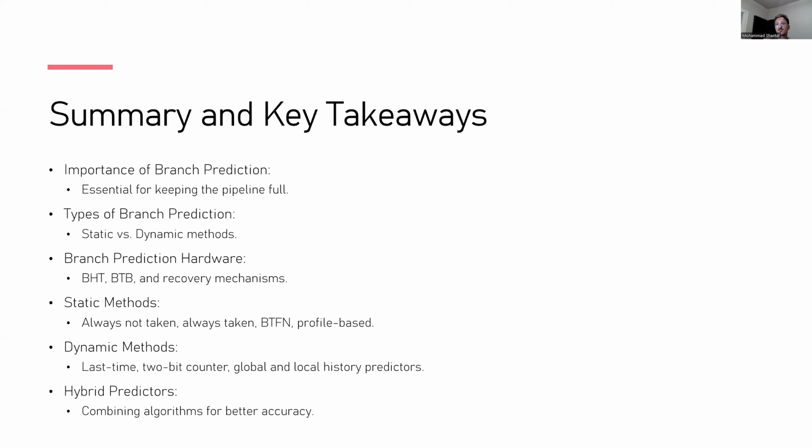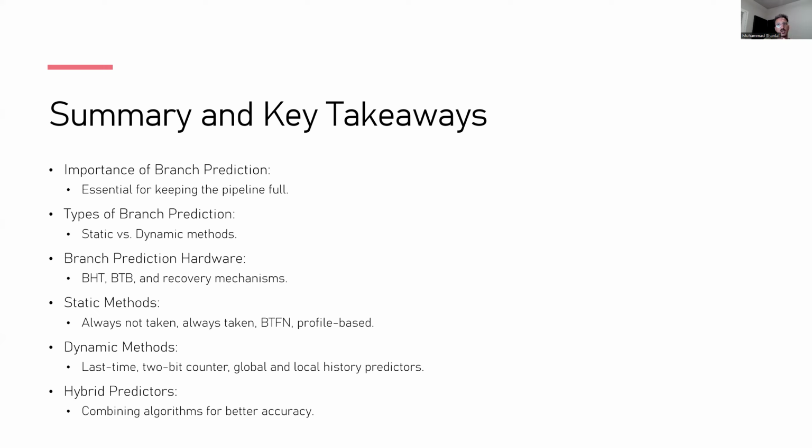The profile based, and we also talked about the dynamic methods, which are the last time, 2-bit counter, and global and local history predictors. As for the hybrid predictors, we talked about how combining algorithms can be better for accuracy, as explained in the last slide, where we use two branch target buffers, BTBs, to reduce stall and for better accuracy.